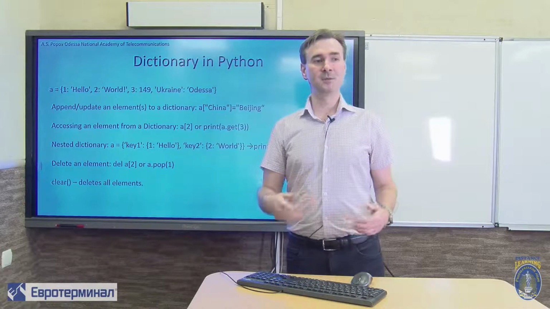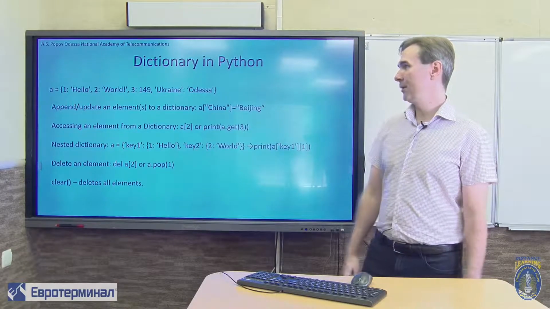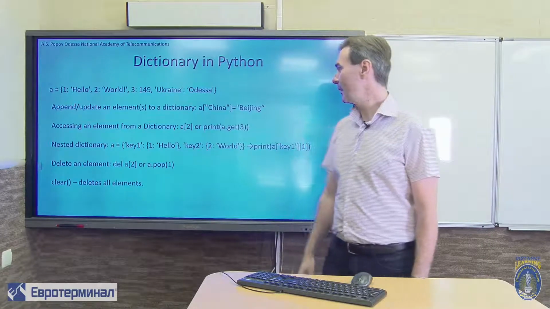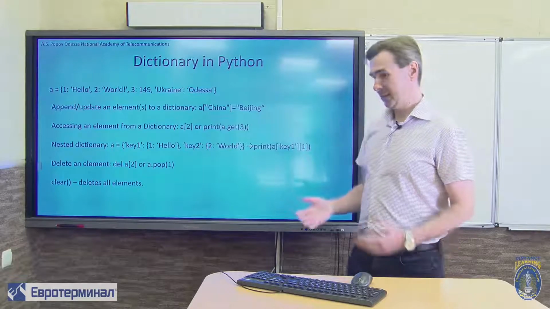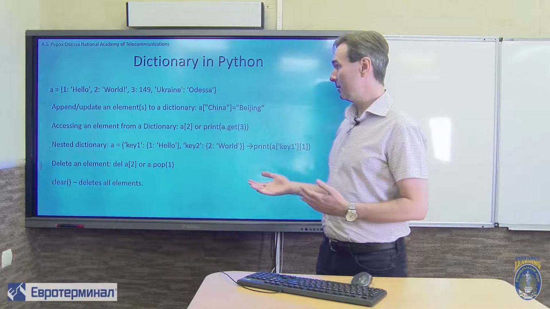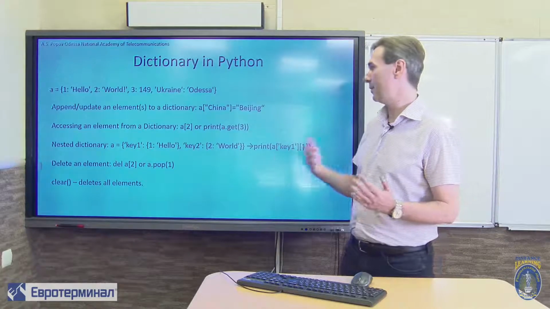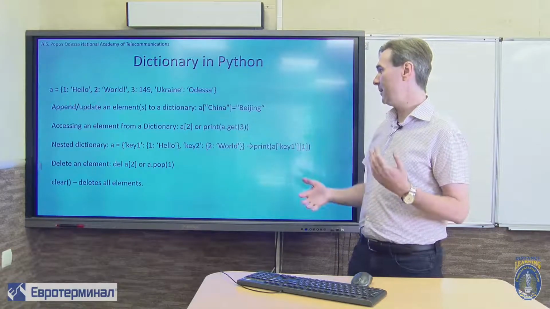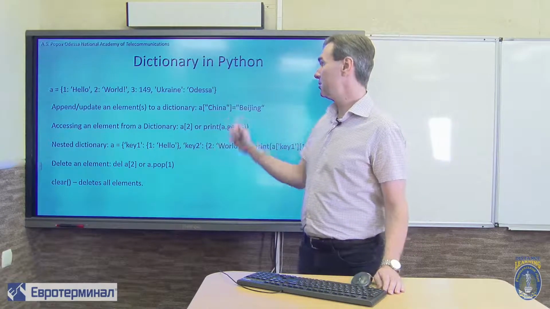Using that key you can access an exact element of your dictionary. A dictionary is an example of a mutable object, so you can change its elements however you like. You can append elements, you can change the values, but you use keys.